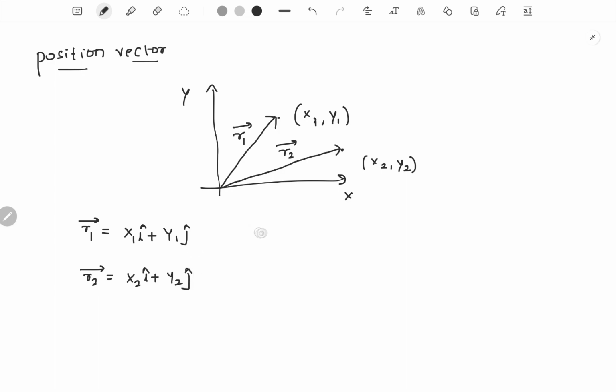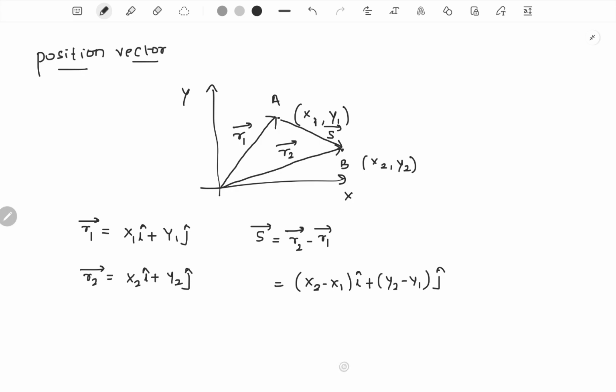Then the displacement of the body when it goes from this original point, let me call it A, to the point B after a certain amount of time, during that interval of time, is the change in position. So we can write it as (x2 minus x1) i cap plus (y2 minus y1) j cap. So this would be the displacement of the body.